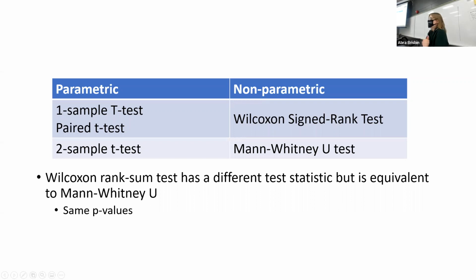And there's another test called the Wilcoxon rank sum test that has a different test statistic, but which is equivalent to the Mann-Whitney U test. It's equivalent in the sense that they'll give you the same p-values for the same data set.